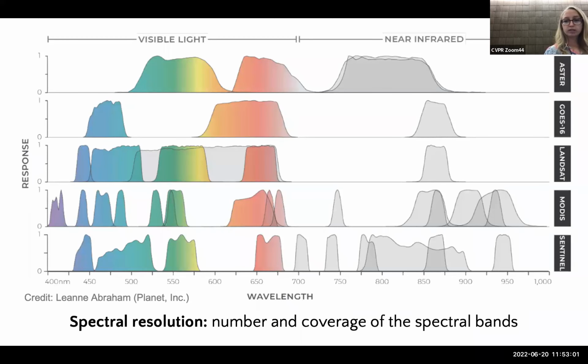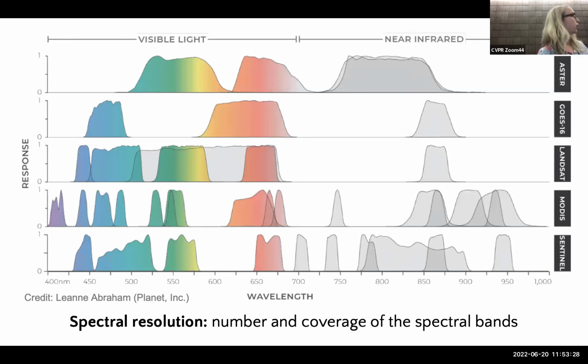So spectral resolution describes the number of bands and the coverage of the spectral bands on the satellite. This is going to vary pretty substantially between different satellites. Some of them have overlap, and some of them are designed to have good overlap in at least some of the bands to reduce the domain shift between different sensors. But there's still a lot of variability.